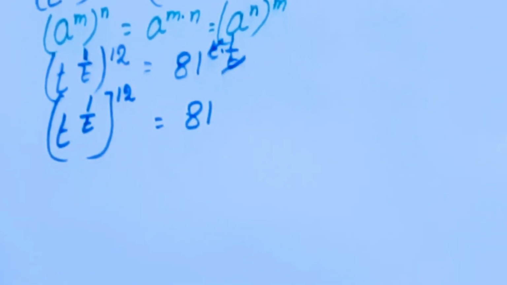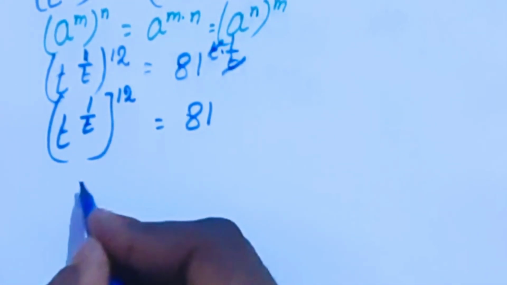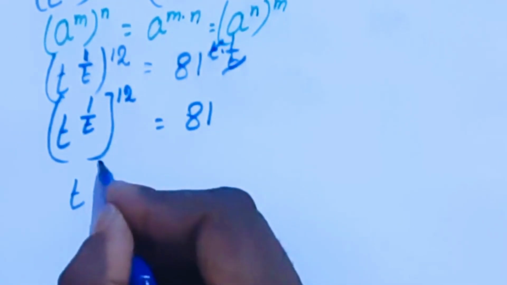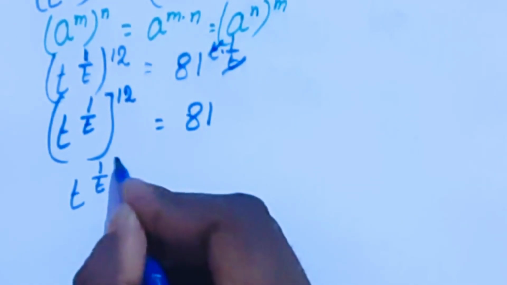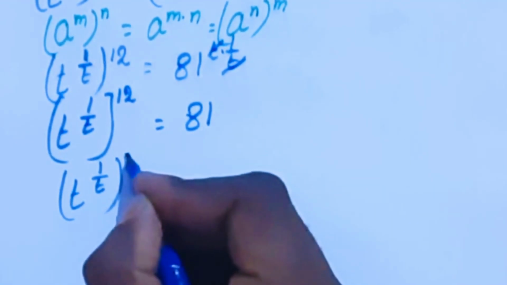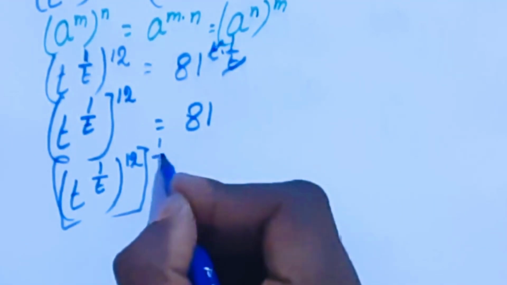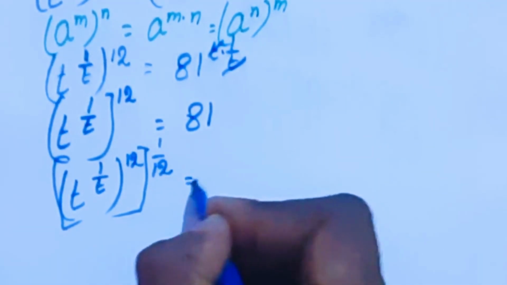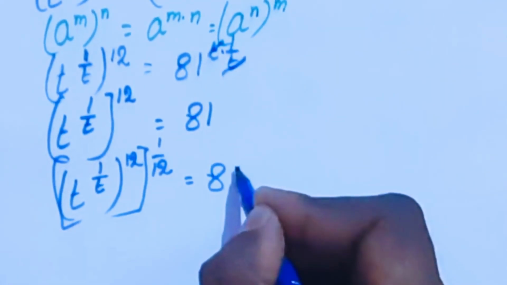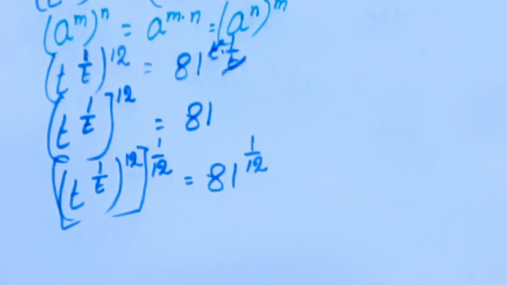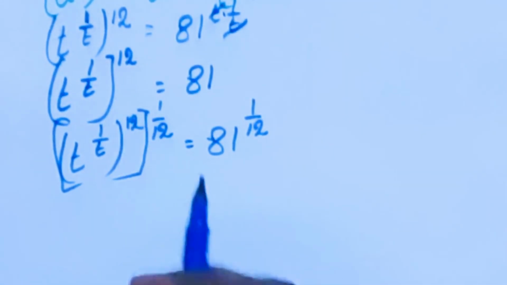Now again we are going to take 1 by 12 on power. So ((t power 1 by t) whole power 12) whole power 1 by 12 equal to 81 power 1 by 12. Now we are going to apply this formula here.